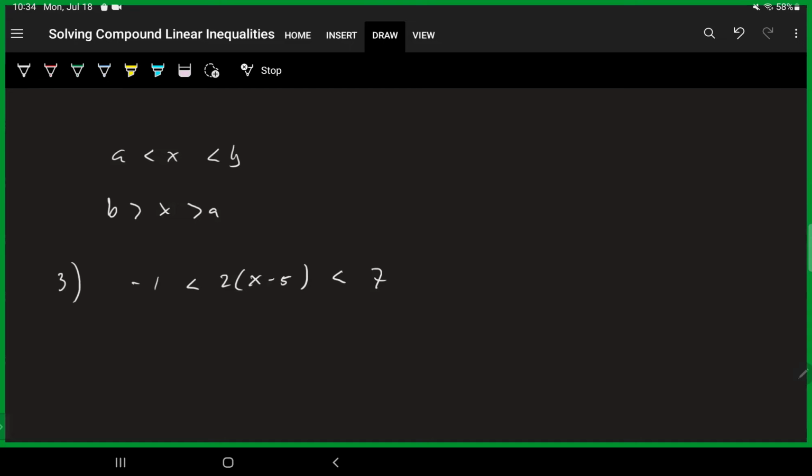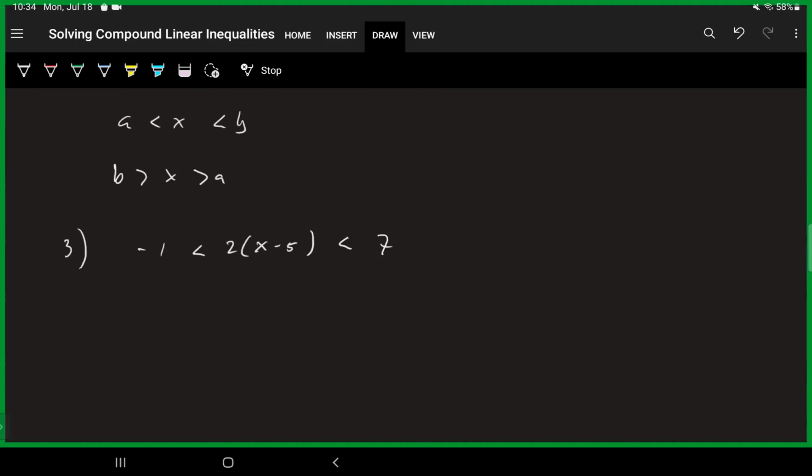We need to isolate the variable here. So what I'm going to do first is I'm going to distribute this 2 over the x minus 5 to get rid of my parentheses. And I'm going to get -1 is less than 2x minus 10 is less than 7.